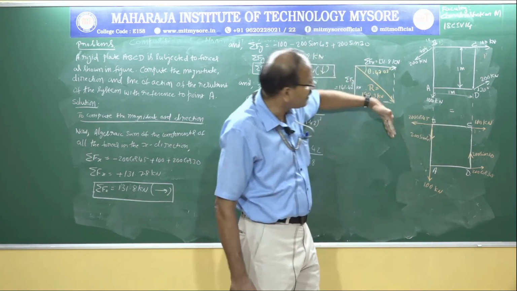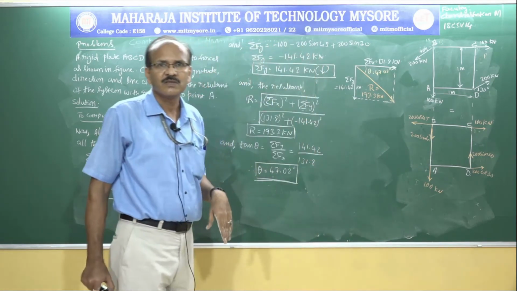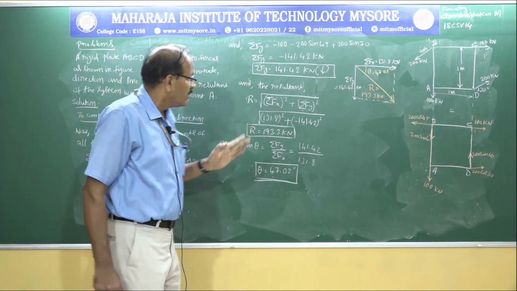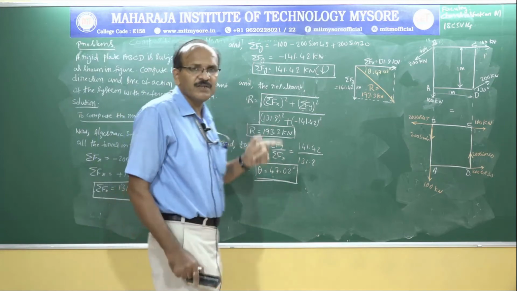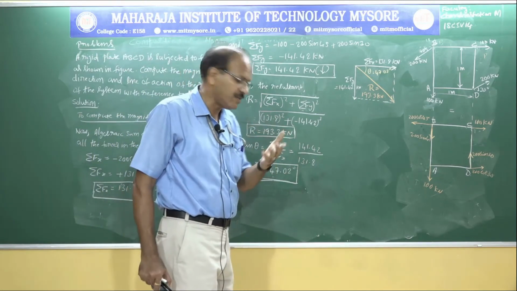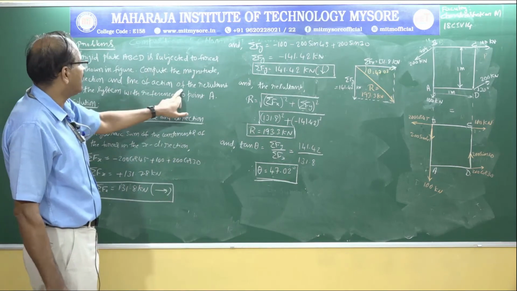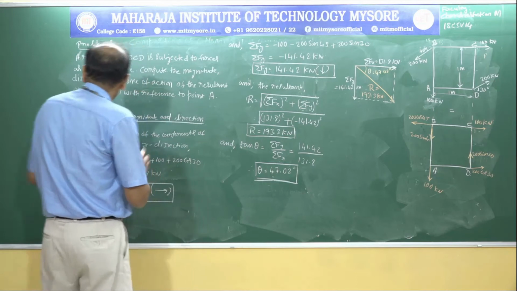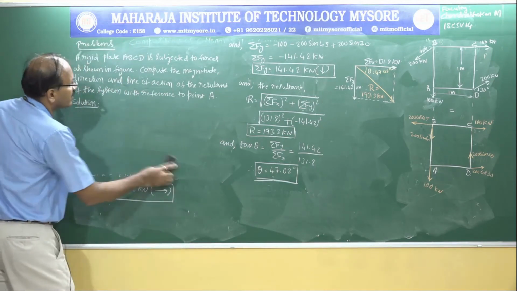As far as the position of the resultant is concerned, it remains where it is. It is constant. So let us find out the location of the resultant. Line of action of the resultant is nothing but the position of the resultant.